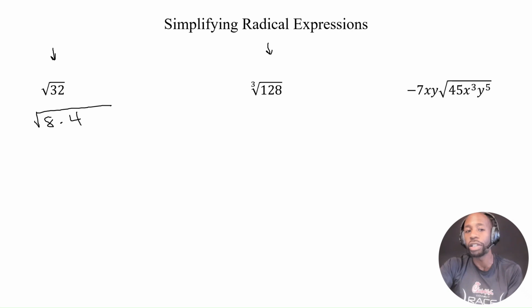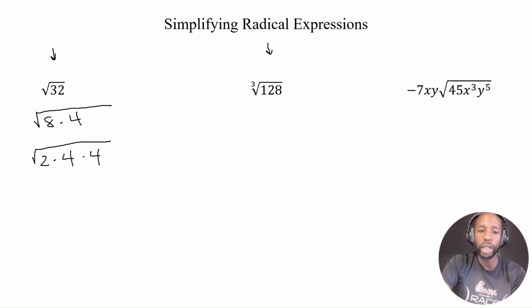But I also know that there's something else that I can break down with the 8. So before we do any square rooting, let's break this into more factors. 8 is going to be 2 times 4. Now look at this.